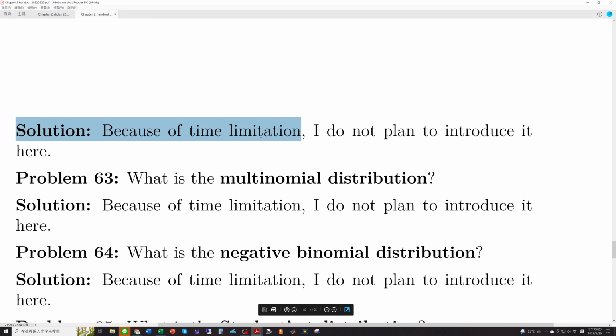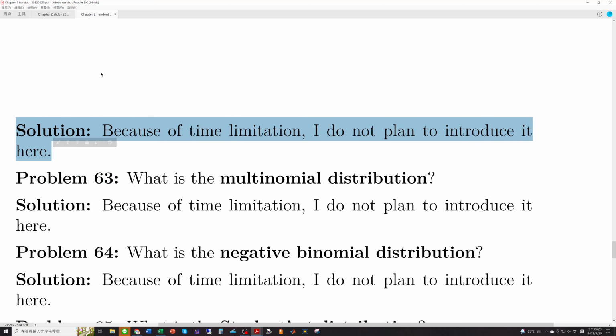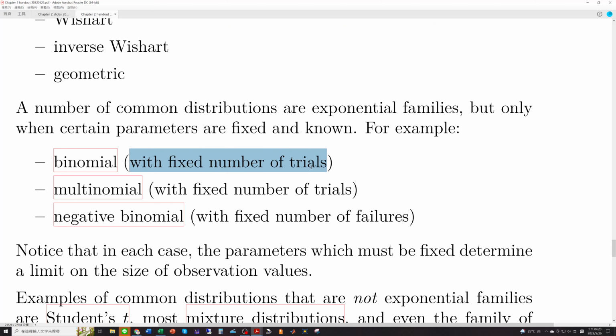Because of time limitation, I do not plan to introduce it here, because we have stayed on page 47 of the slides of chapter 2 too much time. So I think we need to finish page 47 as soon as possible. With a fixed number of trials.